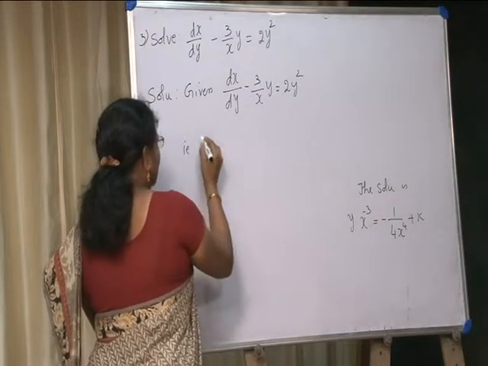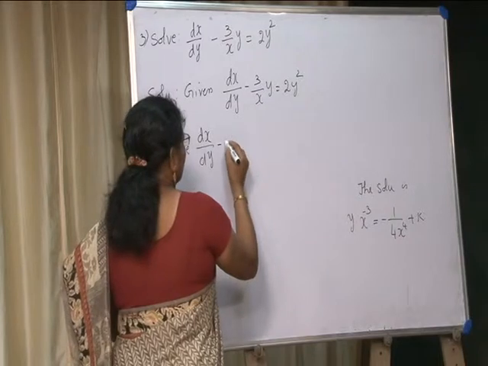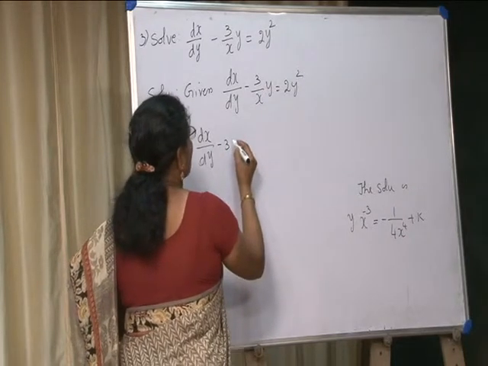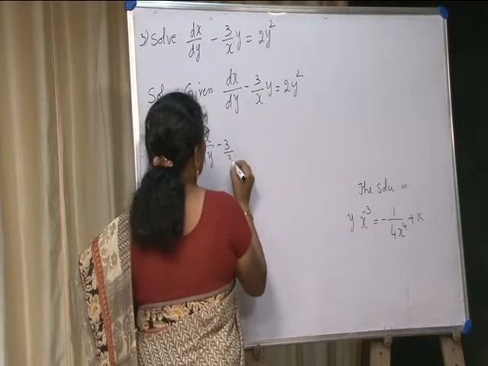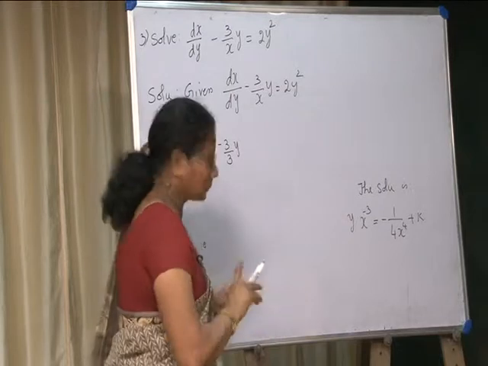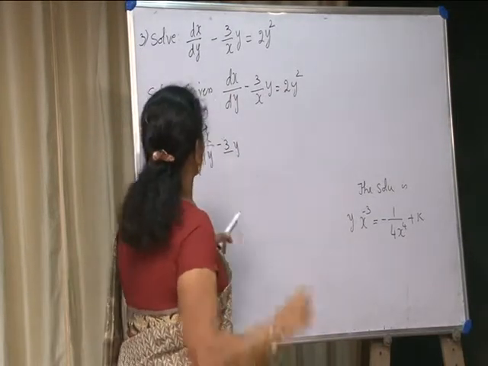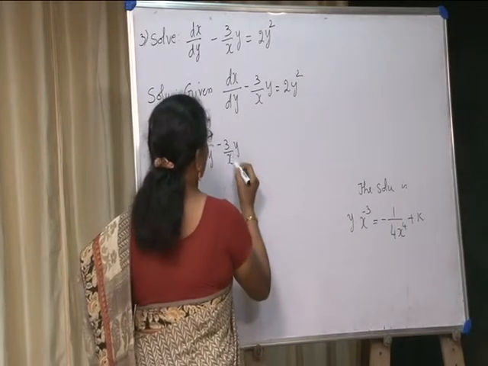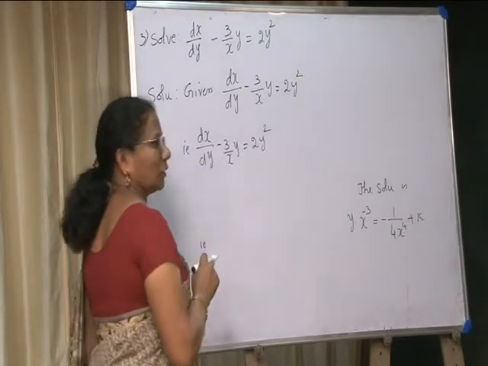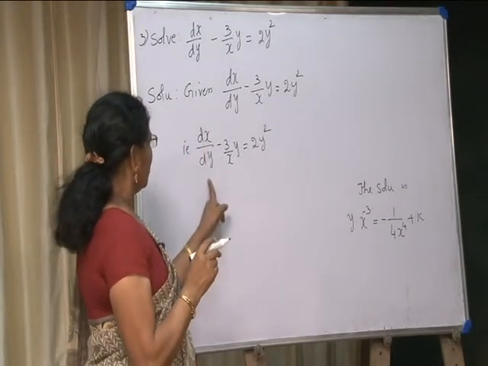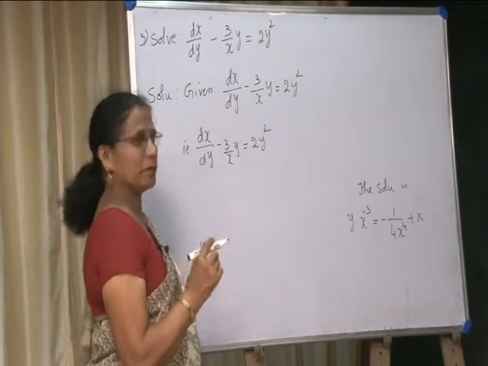That can be written as dx by dy minus 3 by x is equal to y squared.